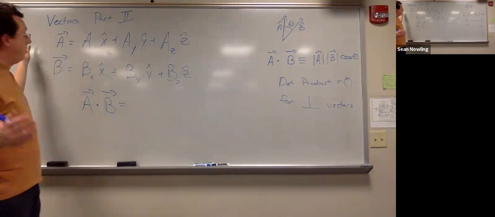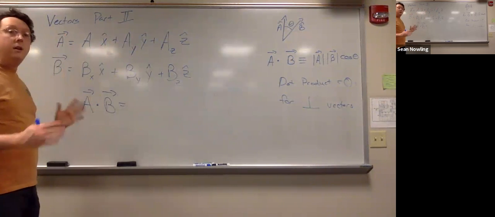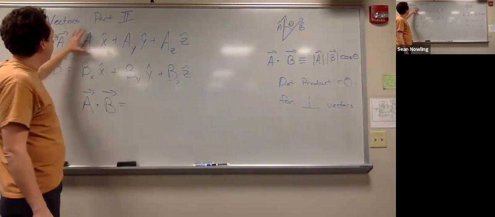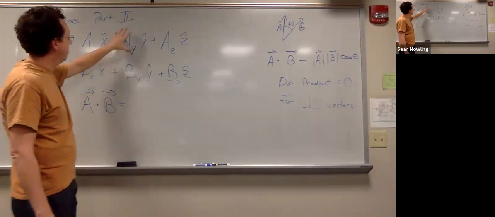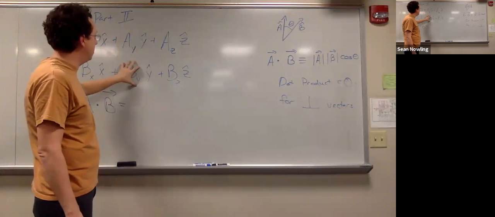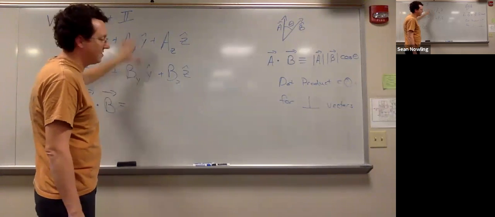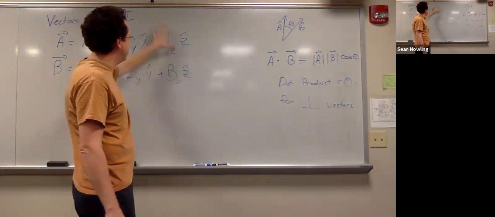So, oh, holy crap, would you have to write all this down? No. The only thing that ever matters is the x component times the x component, plus the y component times the y component, plus the product of the z components.